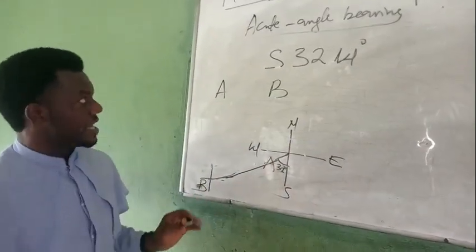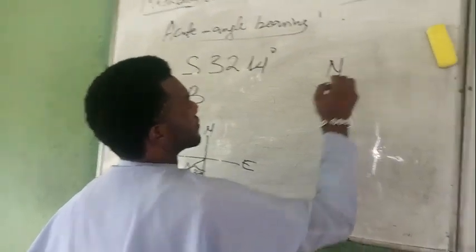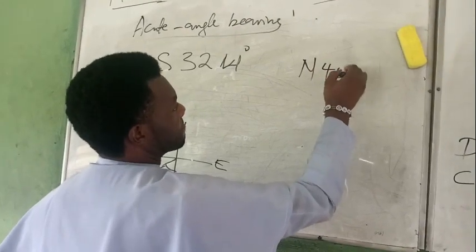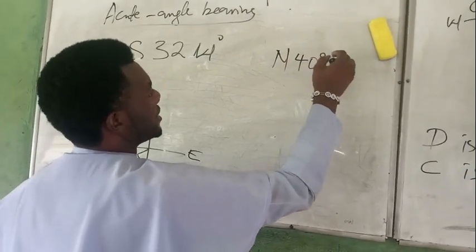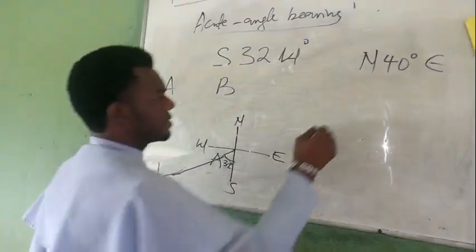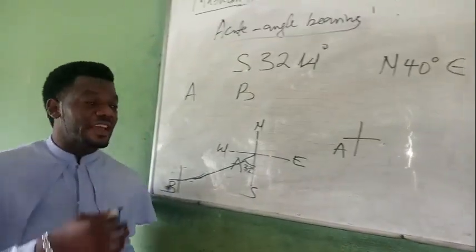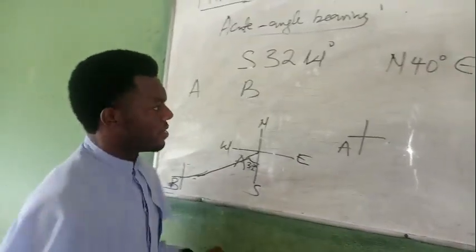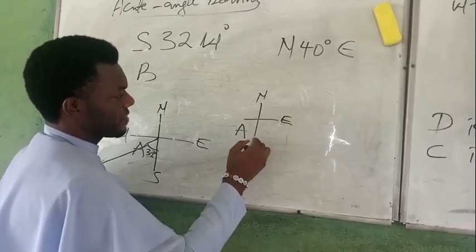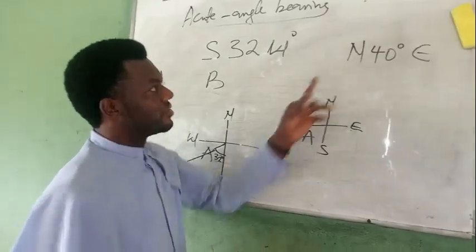Let me say north 40 degrees east, and here is your A. They ask you to locate B. Of course, this is north, this is east, this is south, and this is west. So where do we locate our northeast?